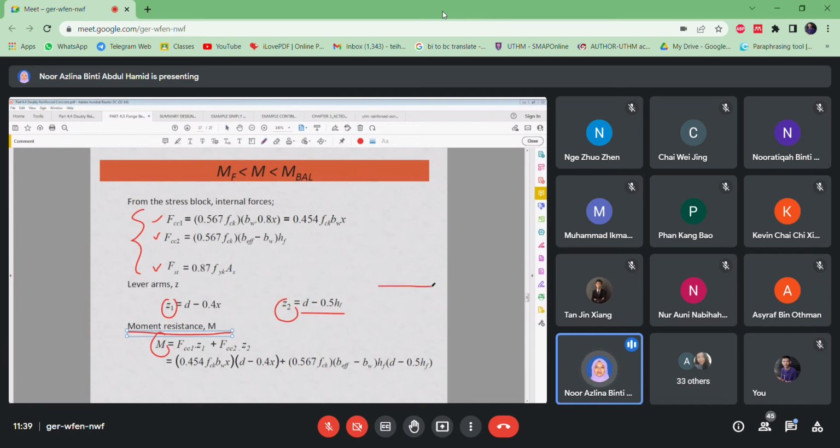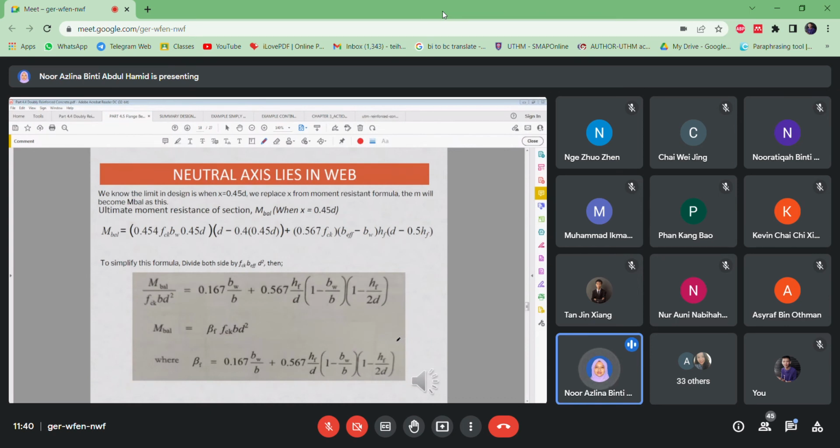Okay, kalau ada soalan bagi T sections, right? What's the moment resistance for this section? Ni lah equation dia, nak cari berapa moment resistance for this section according to its sizes, dimensions and everything.